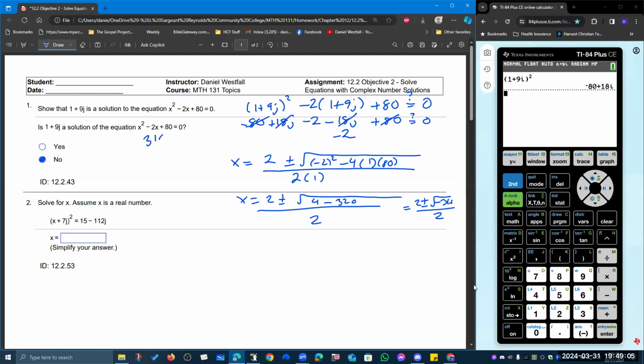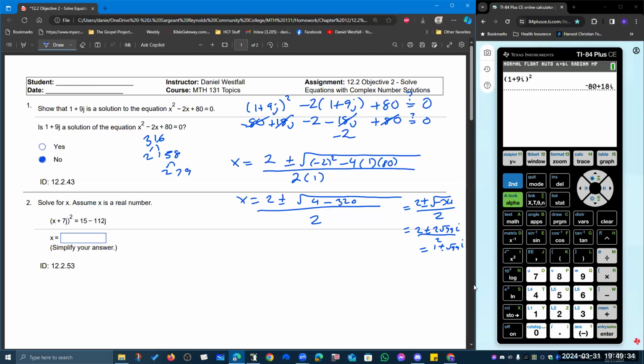316 is 2 times 158, which is 2 times 79. 79 is a prime number. This is 2 plus or minus 2 root 79 over 2, is 1 plus or minus root 79 i, right?